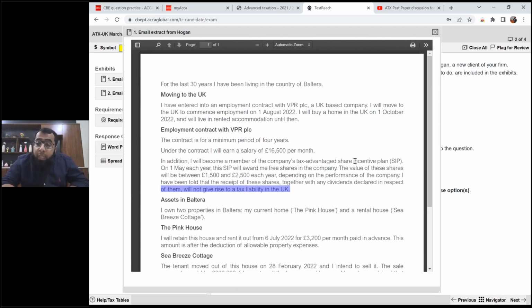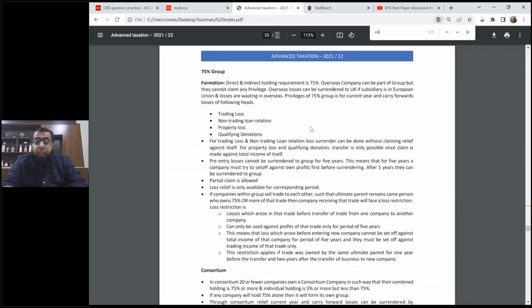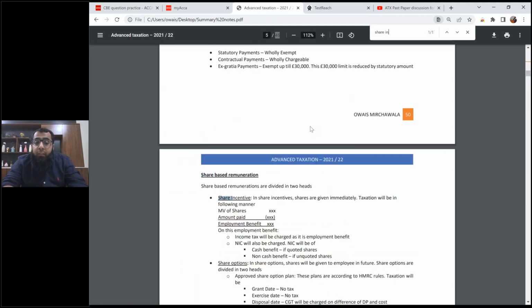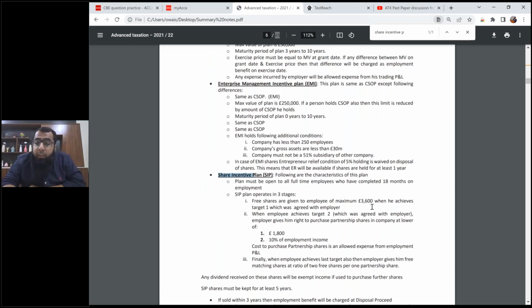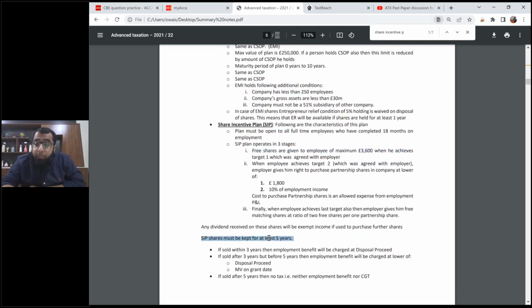Now, if you have forgotten any rules, as I told you in the previous class, you can simply go to the summary notes. You can write share incentive plan in the search and you will get the rules here. You can get free shares up to a maximum value of £3,600. You need to keep the shares for a period of at least 5 years.